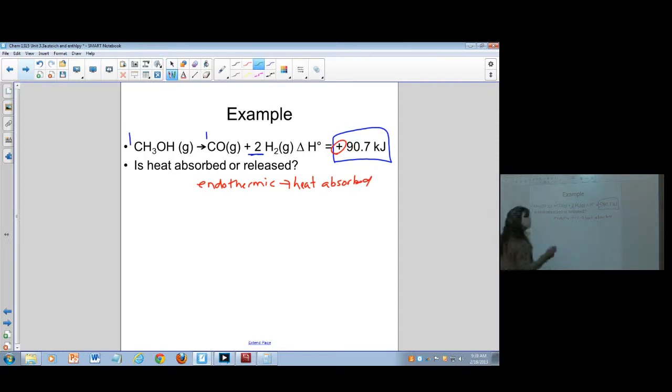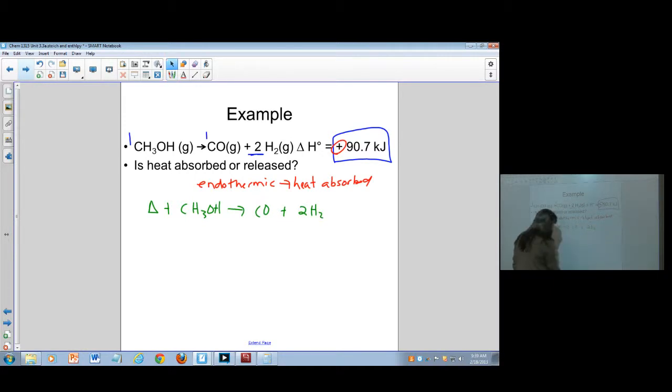All right, if you needed to rewrite this, you might write heat, that's just my heat sign, plus the methanol forms carbon monoxide and some hydrogen gas. So the sign indicates what the reaction is.